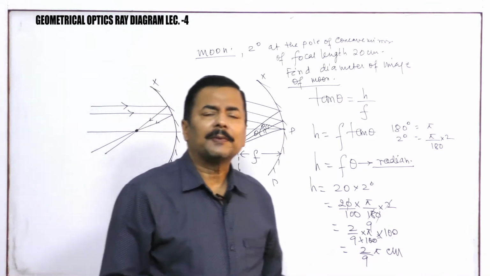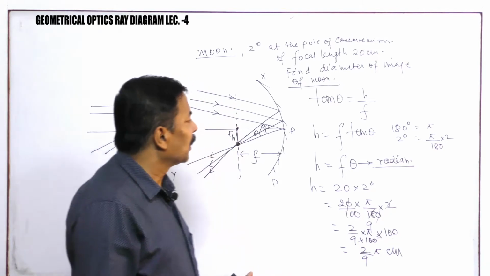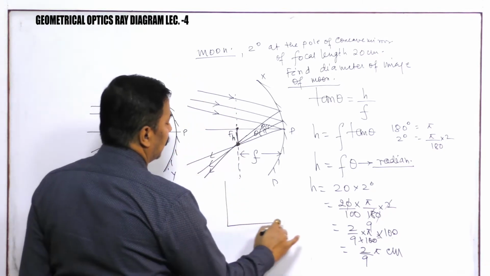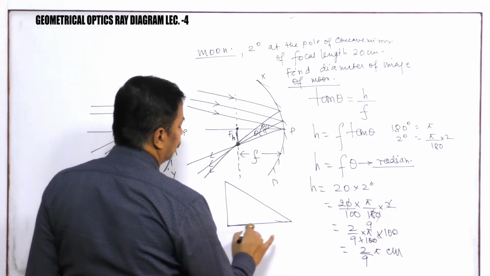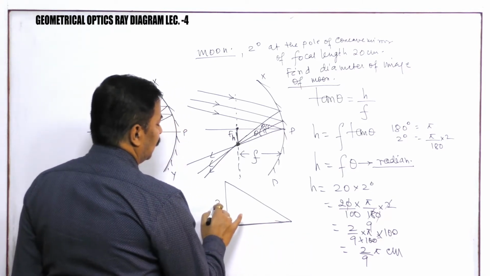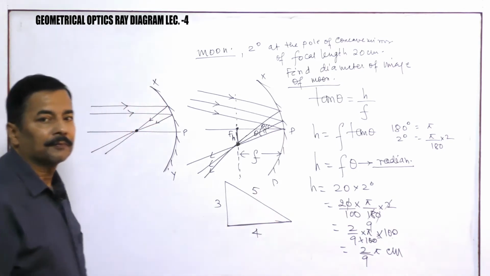One more concept I would like to introduce to you, that is a new concept for you. In any triangle, if this is 3, this is 4, naturally this will be 5.